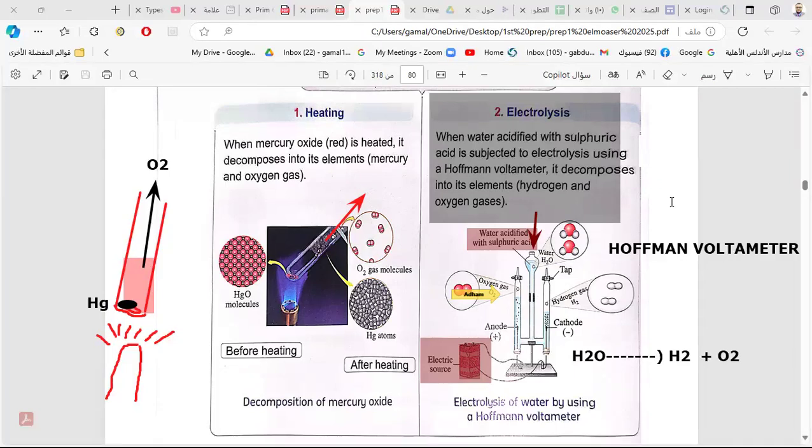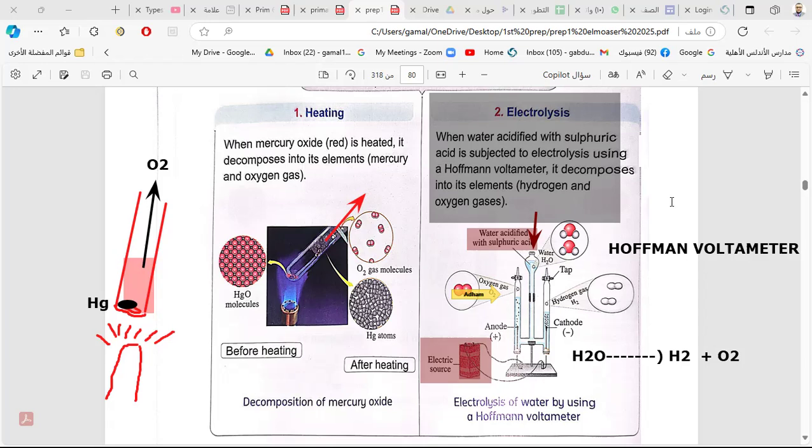And I connect an electric source, a battery or electric source. The two poles: the anode is positive and the cathode is negative. Then I let the electricity flow through the water.